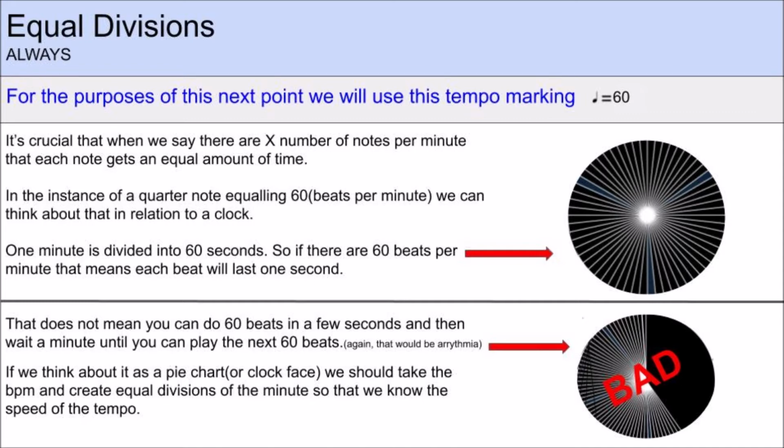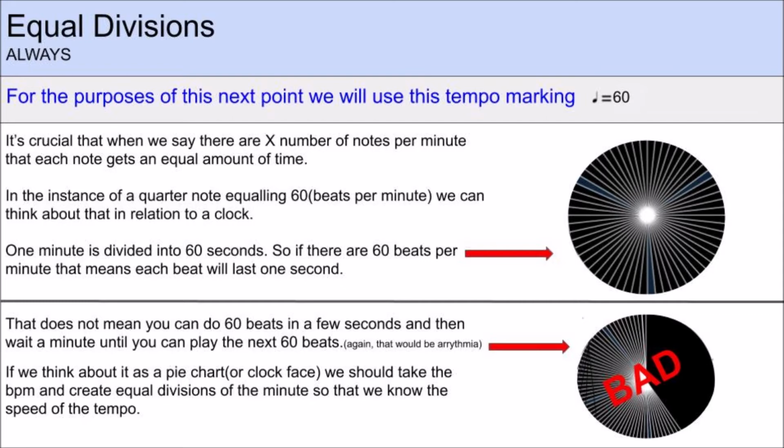The bottom pie chart shows what happens if you just try to squeeze all of the beats into 60 seconds without any regard for an equal division of the time. It would be incorrect to play all 60 beats in the minute as fast as you can and then wait for the minute to be over before playing the next 60 beats.